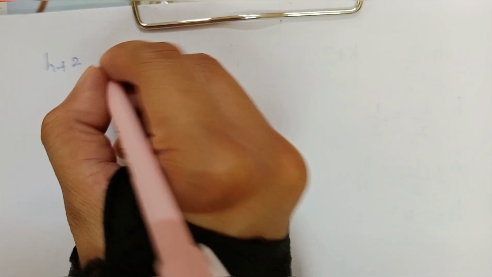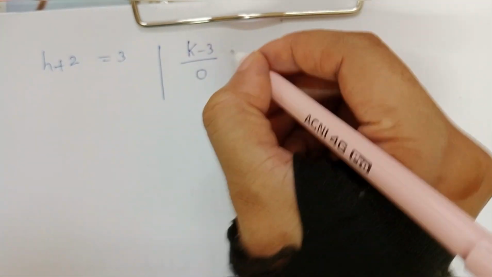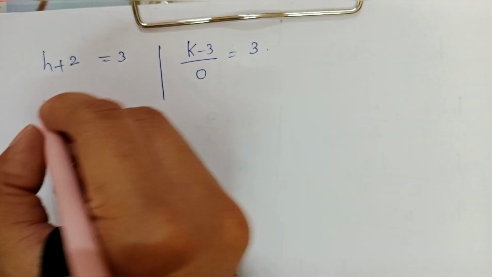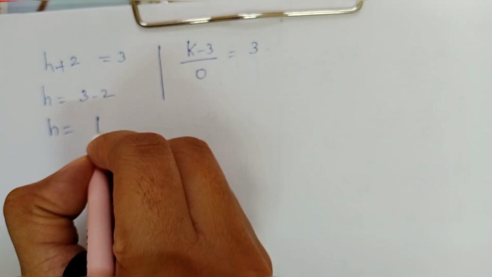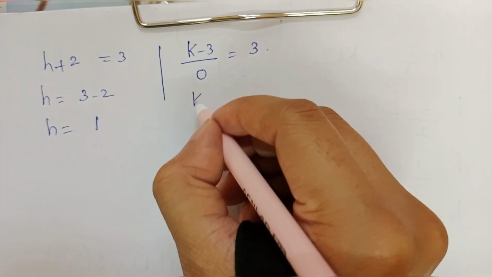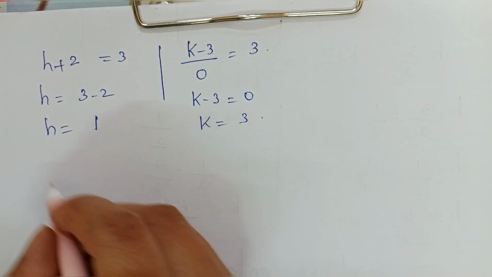So we will get h + 2 = 3, and (k - 3)/0 = 3. So here h = 3 - 2, h = 1. And here k - 3 = 0, k = 3.